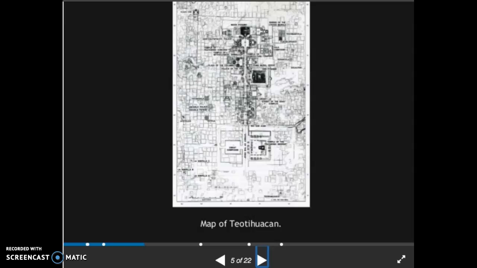That's close to the same time that they were about to commission and build the Dome of the Rock for Islam. And Rome had recently fallen in the West. So at this same time in our world, just 30 miles from what is today Mexico City is this first city in all the Americas.